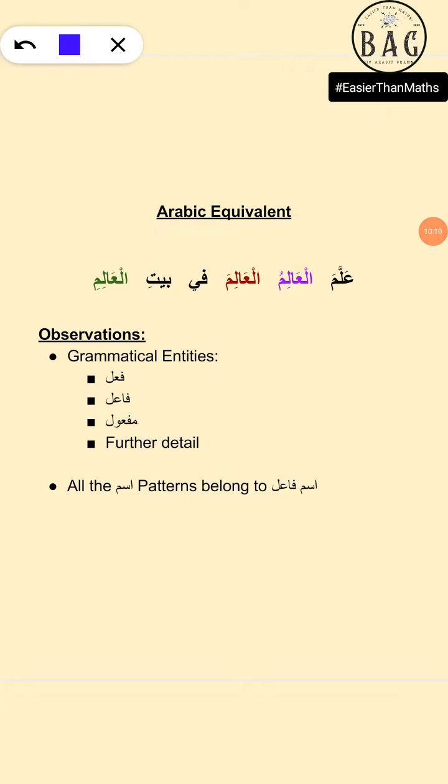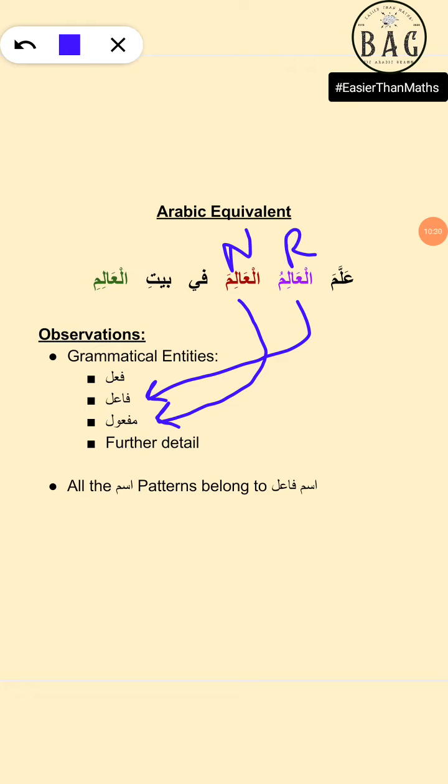Once again, I hope that this is making sense so far. Allama al-alimu, since it is rafa, is going to be labeled as fa'il. And then we have the nasab form, al-alima, which is going to be labeled as maf'ul. So fa'il and maf'ul are your grammatical entities. Now, what about the structure?